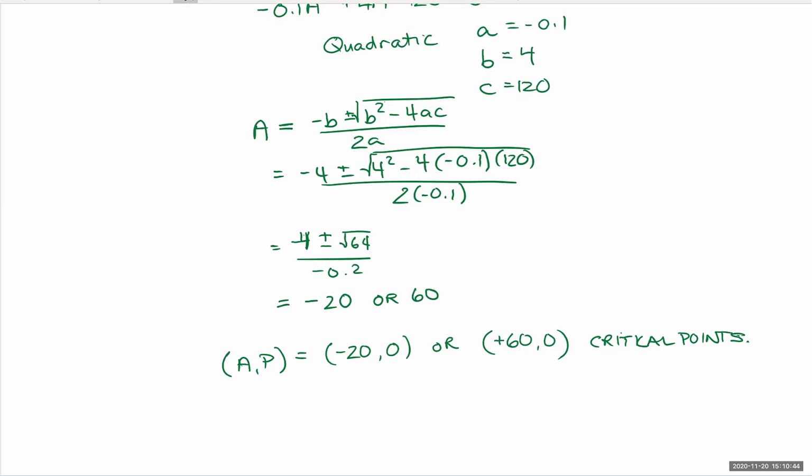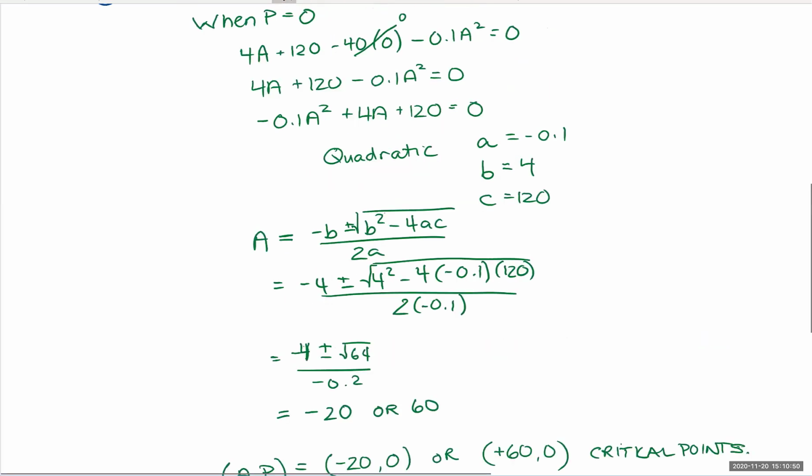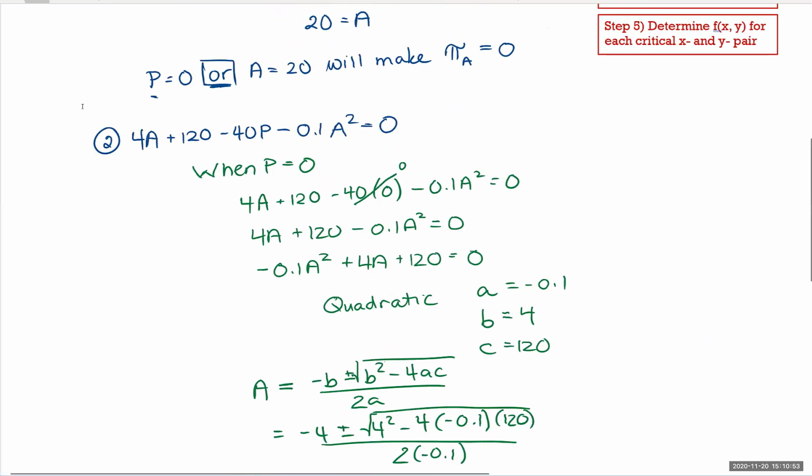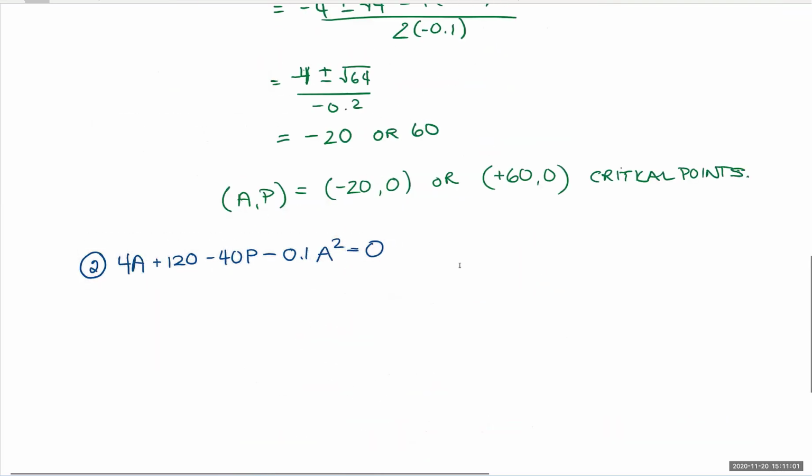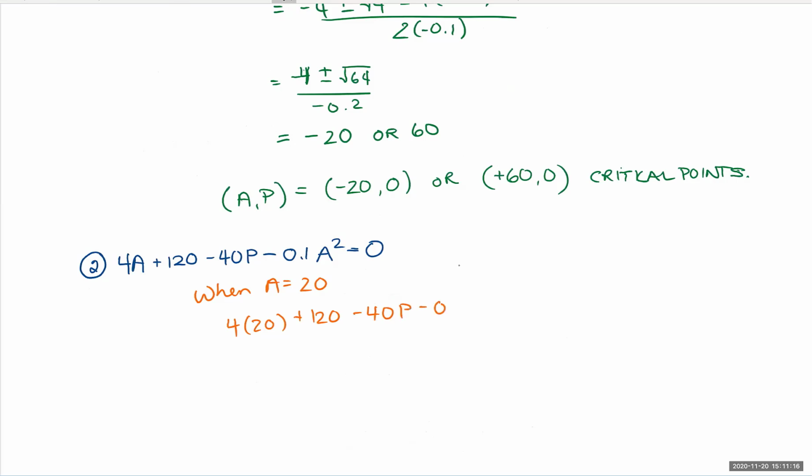What about when a is equal to 20? That's what we're going to do now. Next, we're going to look at when a is equal to 20. So we're going to take this equation again and look at when a is equal to 20. So this becomes 4 times 20 plus 120 minus 40 times p minus 0.1 times 20 squared is equal to 0. This gives me 80 plus 120 minus 40p minus 40 equal to 0.